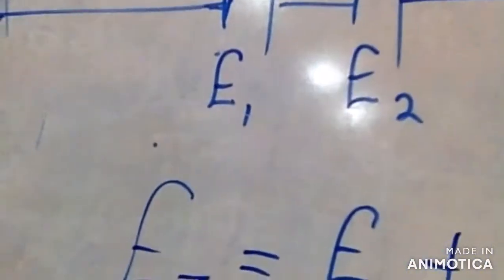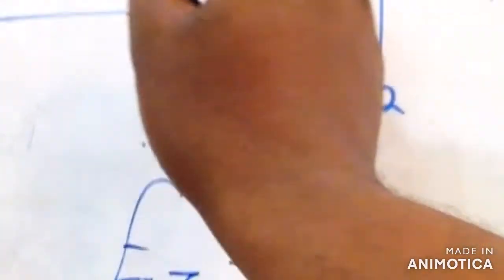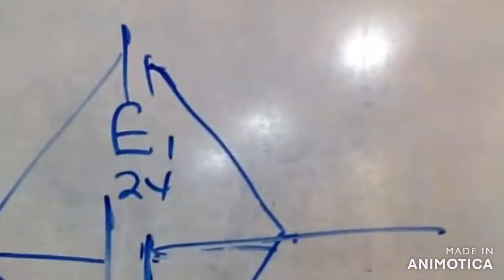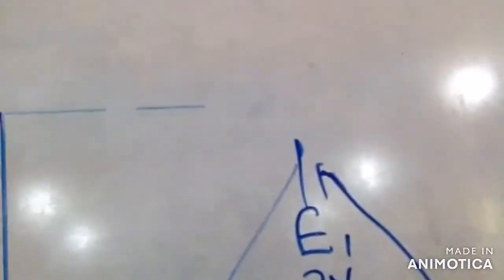So the total internal resistance is the sum of the internal resistances of each of the cells present in the circuit.